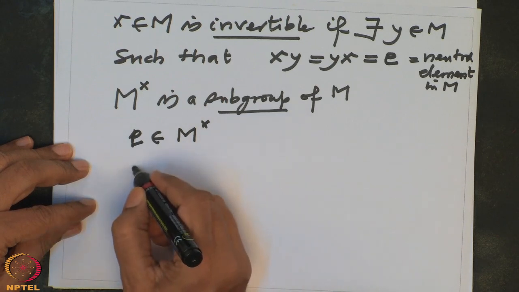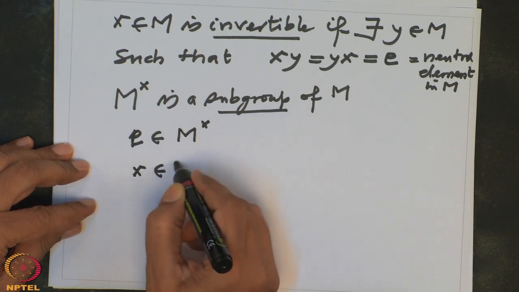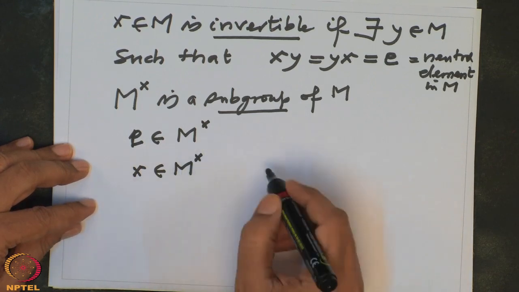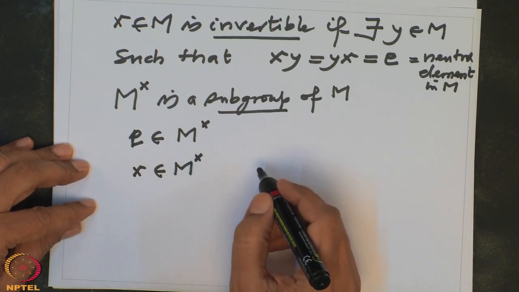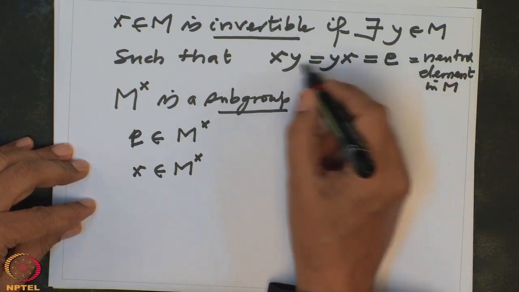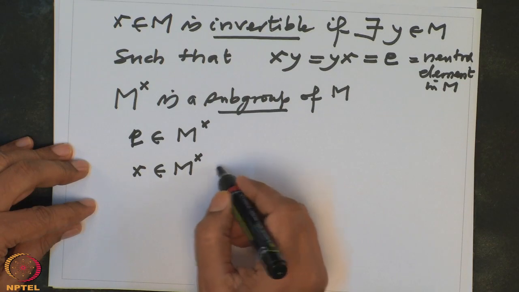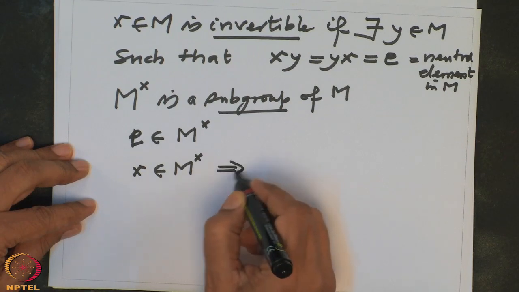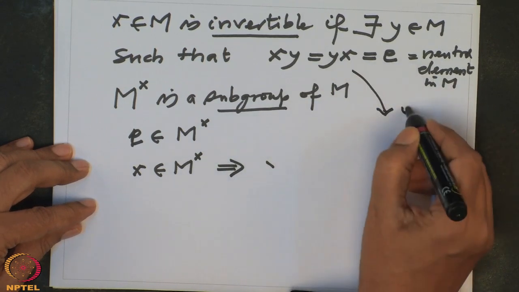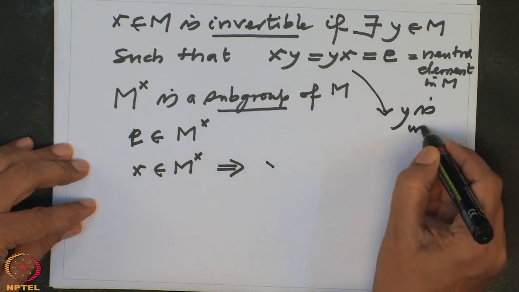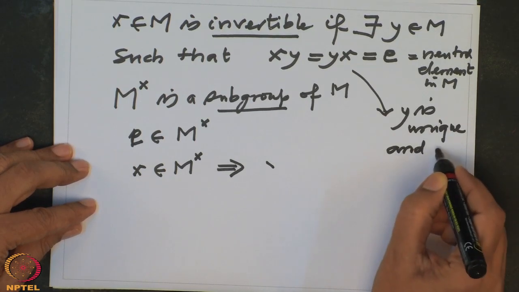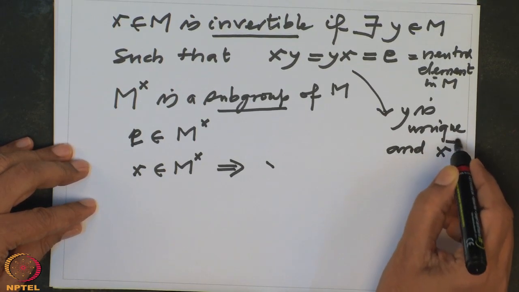Also, if x is in M cross, then the inverse is the unique element y. See, this y is unique, and then y is called the inverse of x. This y is unique, and it is denoted by x inverse.